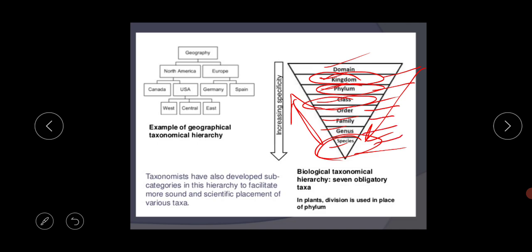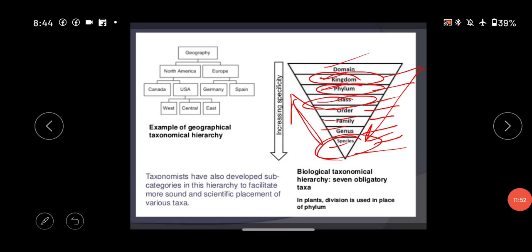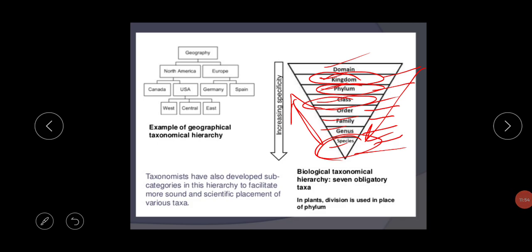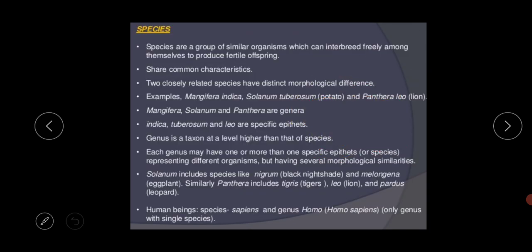All the members of a taxonomic category possess some similar characteristics and some different characteristics. For example, all members of class Insecta possess 3 pairs of jointed legs. Jointed legs also occur in the other classes of phylum Arthropoda, but the number is different.